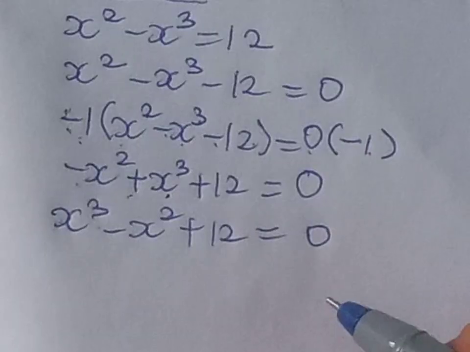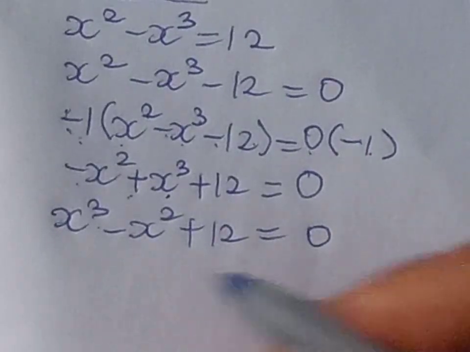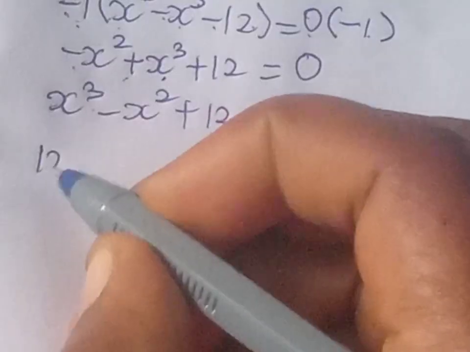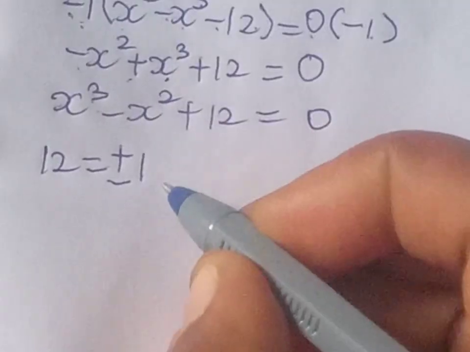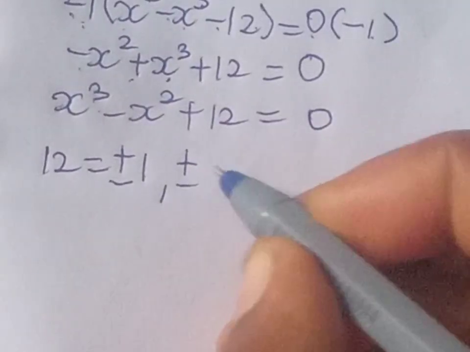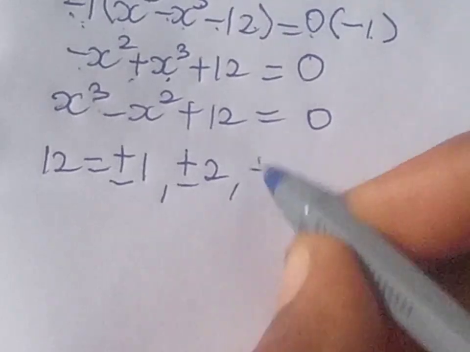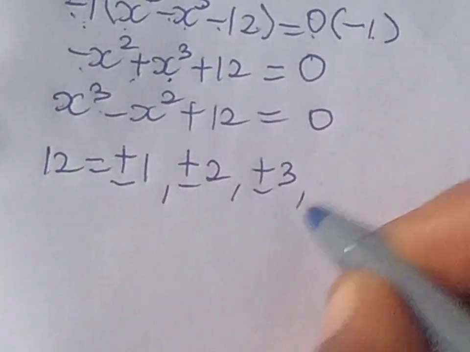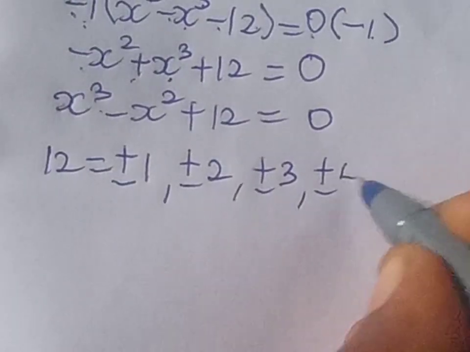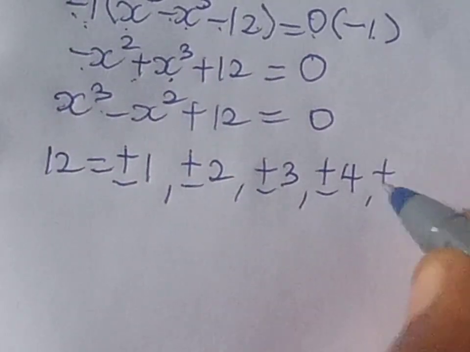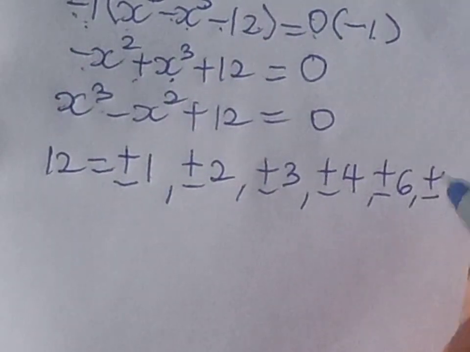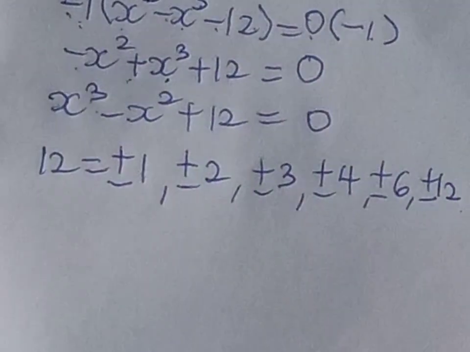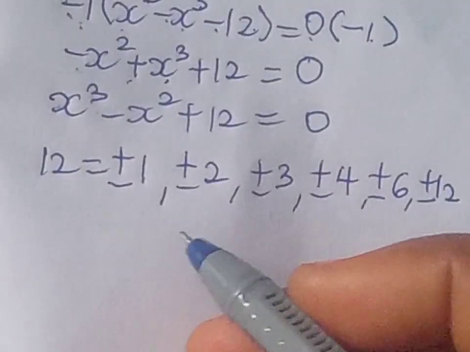Let's look at the possible integer factors of 12, which are plus or minus 1, plus or minus 2, plus or minus 3, plus or minus 4, plus or minus 6, and finally plus or minus 12. Let's test them one after the other.